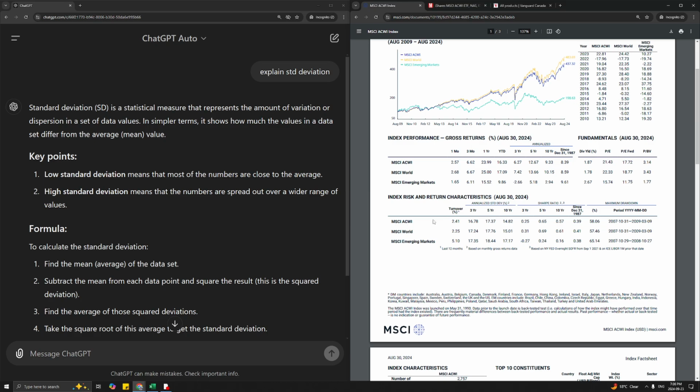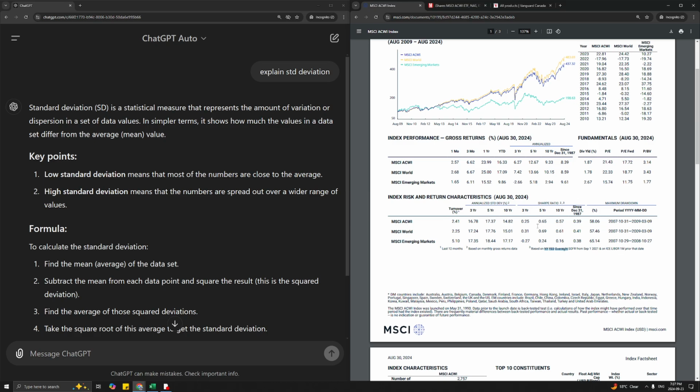Sharpe ratio, that's basically, how do I say this, risk adjusted returns. It's based on the risk-free rate, and the risk-free rate is basically risk-free, almost, just because of who's issuing it.